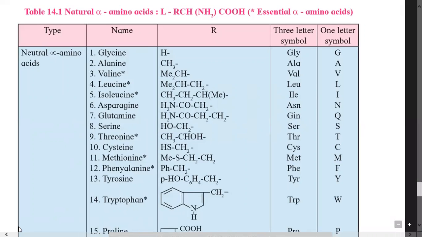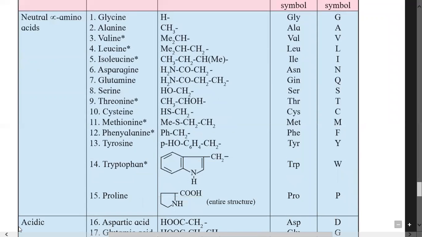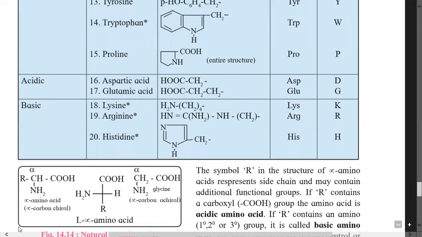If the number of NH2 groups and COOH groups are equal, then it is called a neutral alpha amino acid.